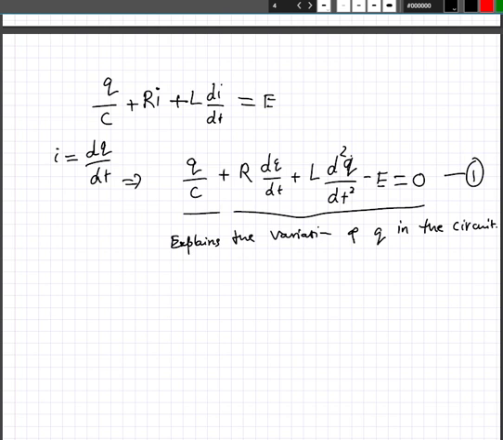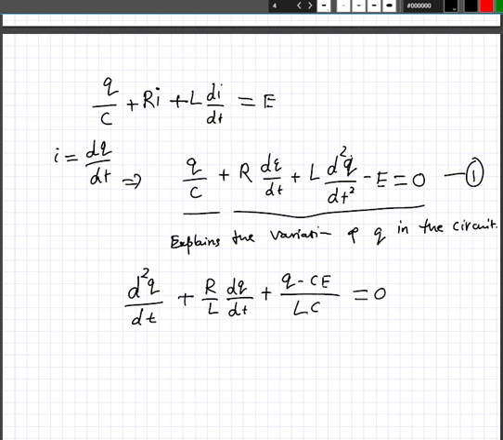So we do a little bit of rearrangement. We keep d square q by dt square, as you do in mathematics, we make the second order term free of any coefficients, plus R by L into dq by dt plus (q minus CE) divided by LC is equal to 0.